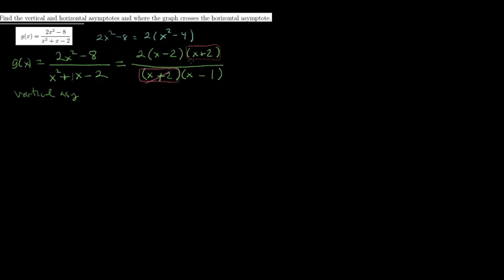So we can cancel these common factors, and after we cancel those, we end up with 2 times x minus 2 all over x minus 1. We can multiply this out again and get 2x minus 4 in the numerator divided by x minus 1. So this is the simplified version of this expression here.